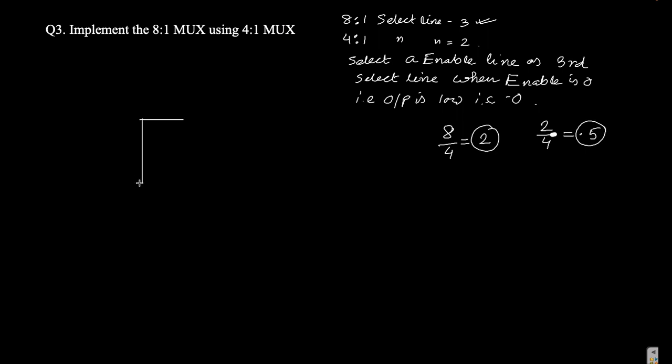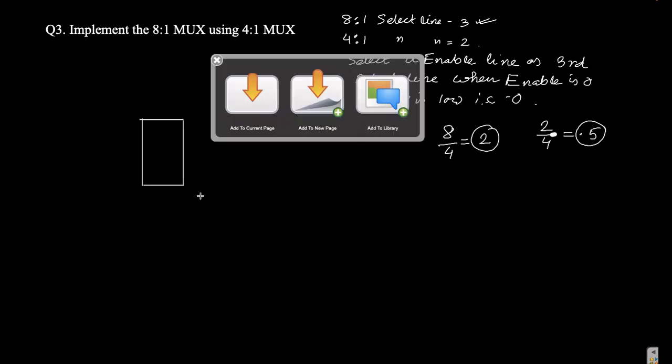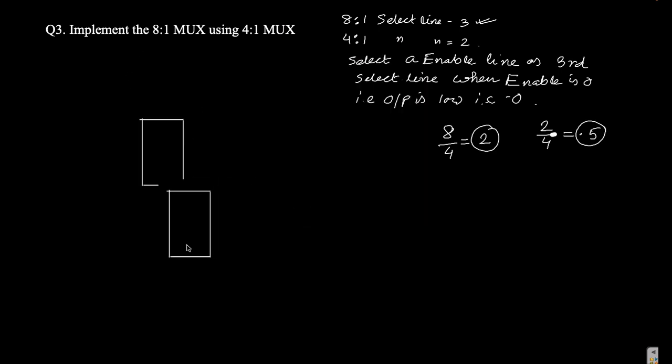4:1 MUX which has 4 input lines and 2 select lines here, and we are taking a copy of this. So this is another 4:1 MUX, and the input lines are 4.